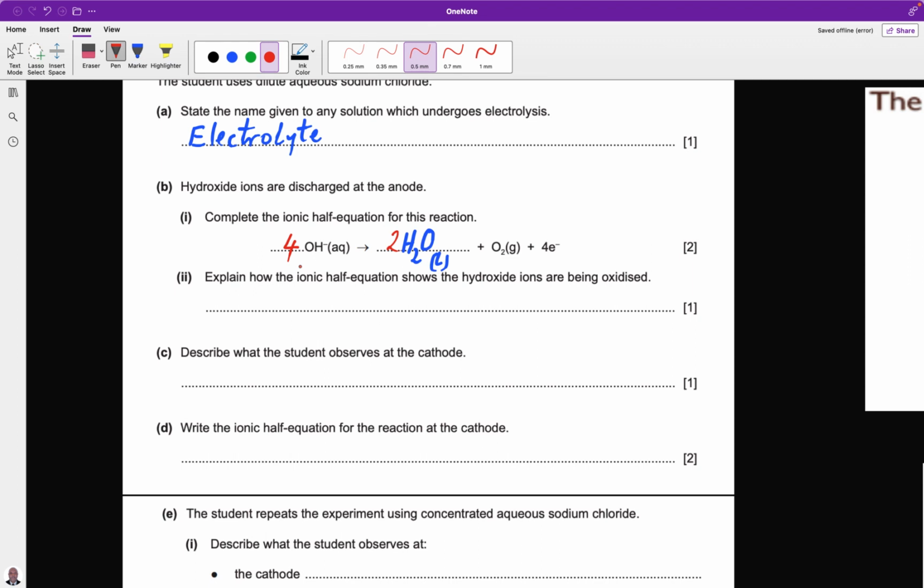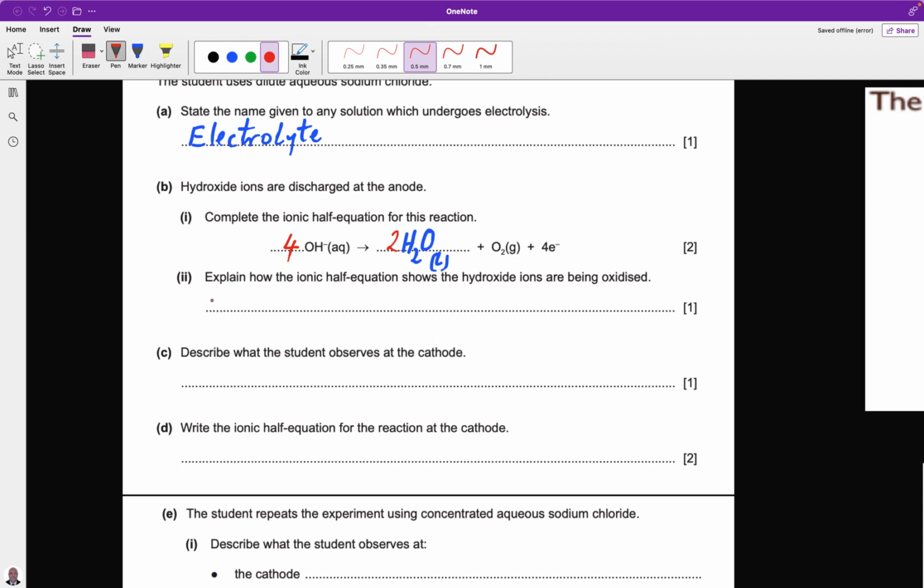Two, we can say for oxygen, there is an increase in oxidation state from -2 to 0. Because if we calculate the oxidation state of oxygen here, there is an increase from -2 to 0, because oxygen in the free state is 0. So there are 2 reasons we can give.